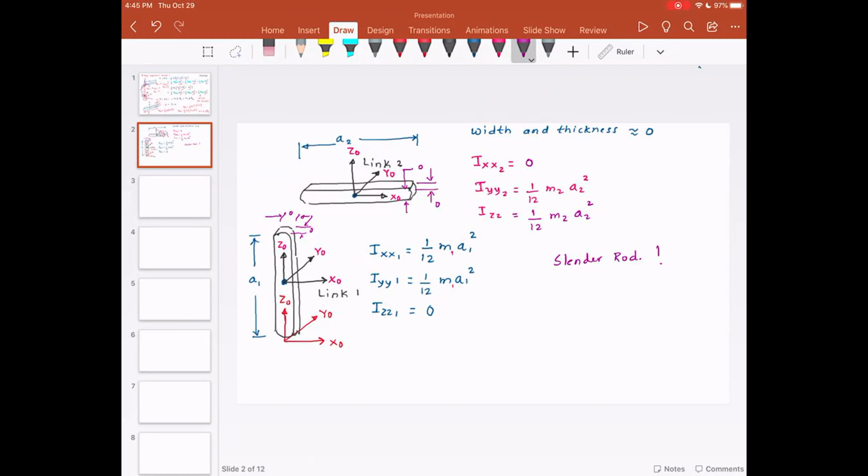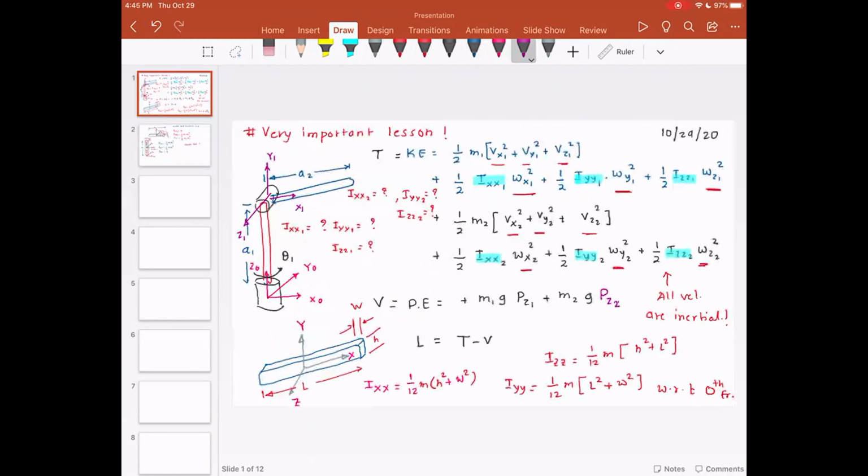Everyone understood this? This is super important because whenever you are solving a robot problem, if you go a step back, when we are trying to find the kinetic energy, it is with velocity. That velocity is expressed in the inertial coordinate frame, or the zeroth coordinate frame.